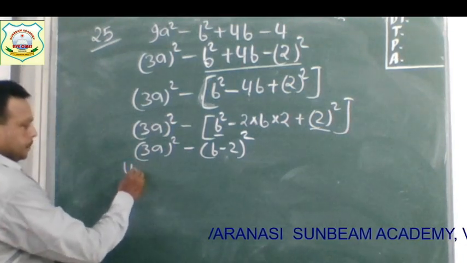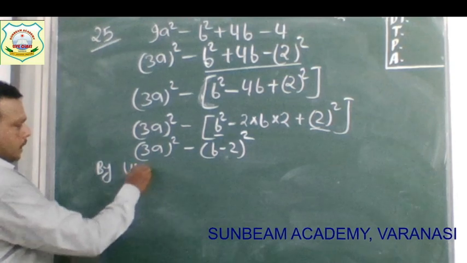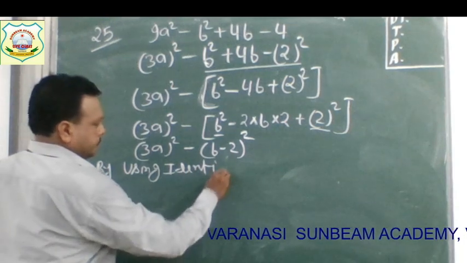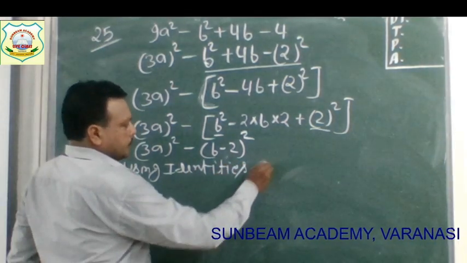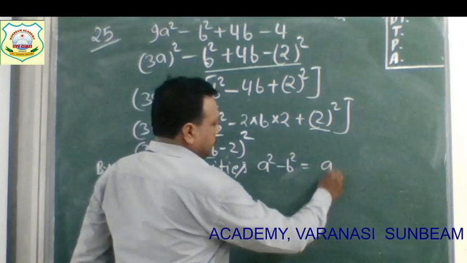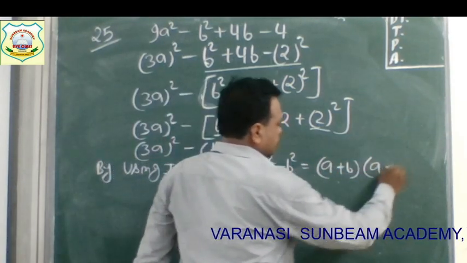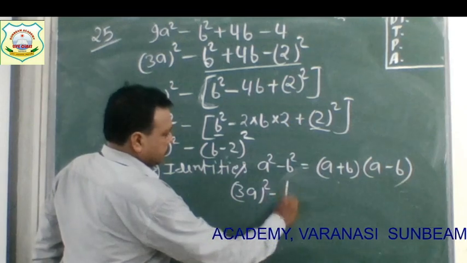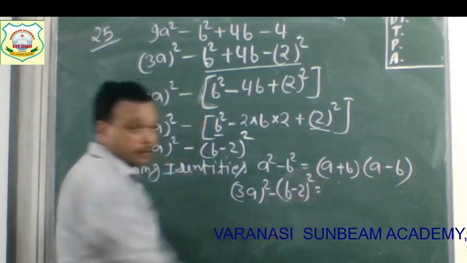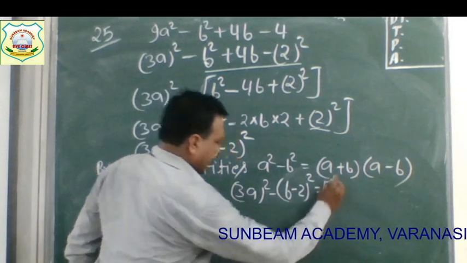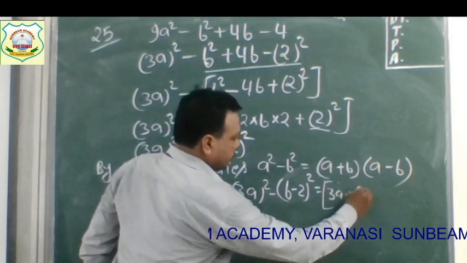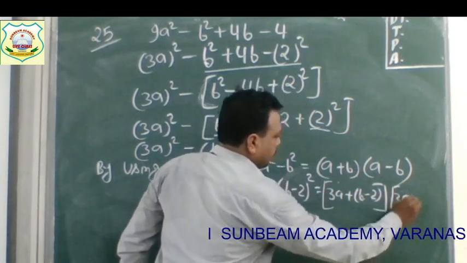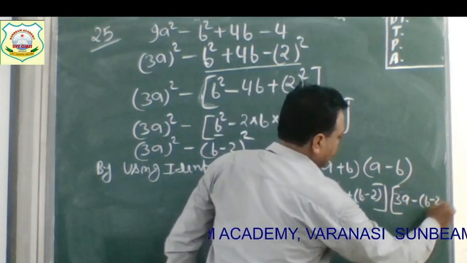Now by using the identity a square minus b square equals a plus b and a minus b, what should we write? 3a whole square minus b minus 2 whole square equals: a value is 3a, b value is b minus 2, so 3a plus b minus 2. Similarly, 3a minus b minus 2.